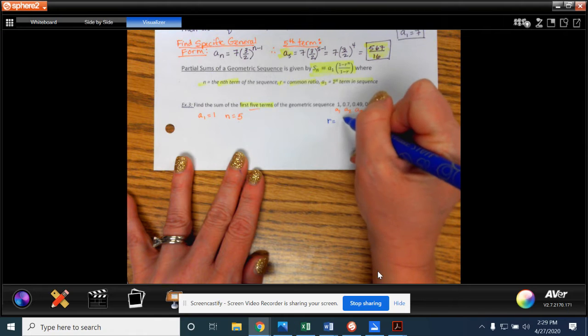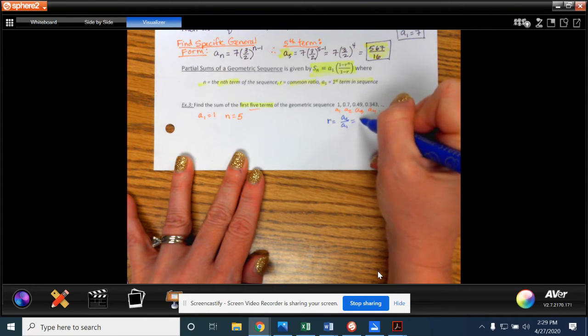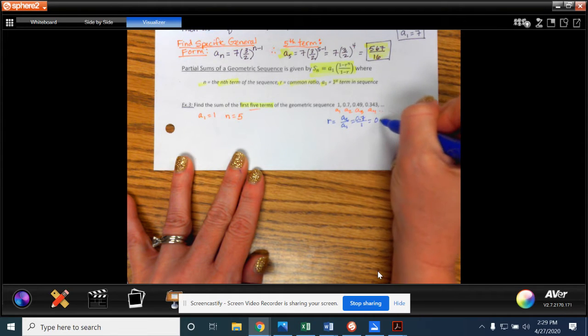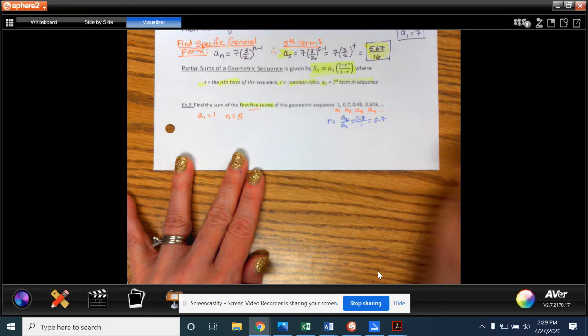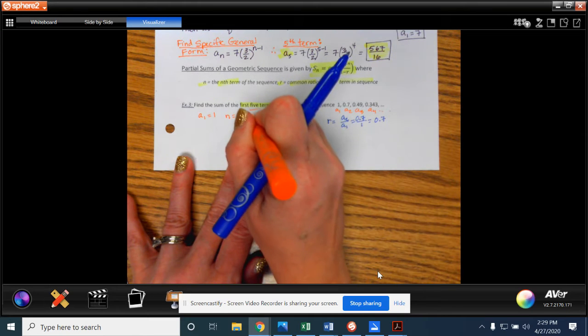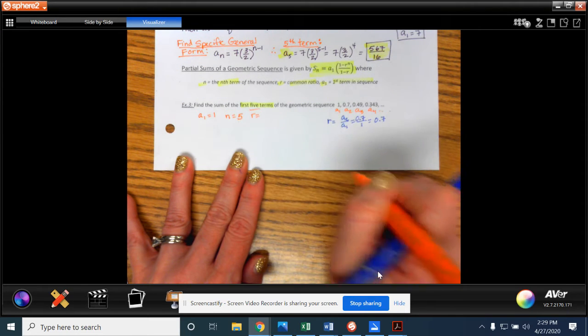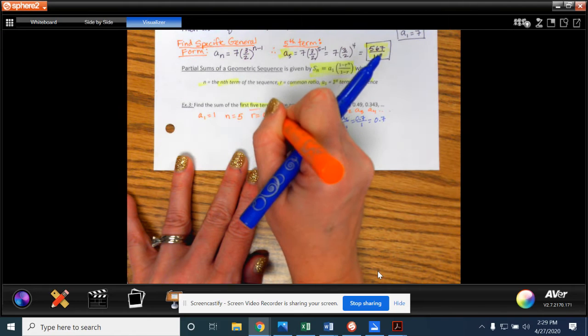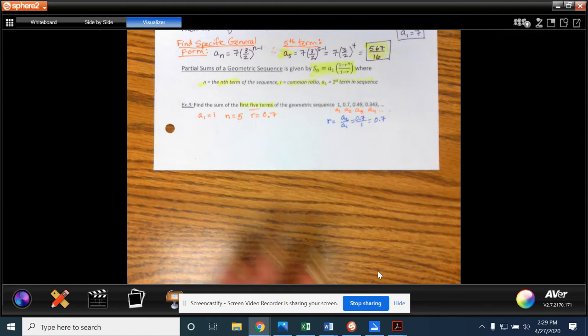So the easiest one to see is A2 divided by A1. Well, that would be 0.7 divided by 1. It's going to be 0.7. I now know my R. Do I need to confirm it? If you question your math, do A3 to A2, do A4 over A3, whichever you want. It doesn't matter.